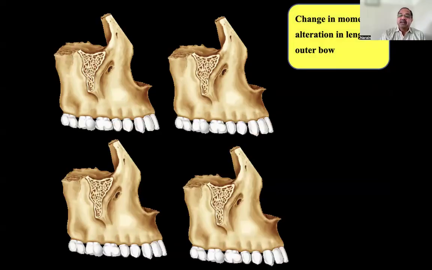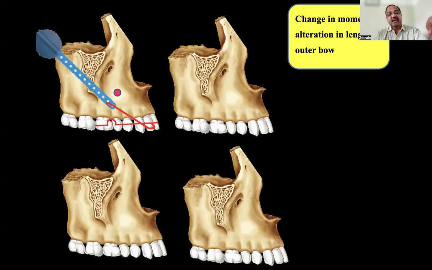Now, let us look at change in moment with alteration in the outer bow. So that's the center of resistance, and the outer bow now is almost in line with the center of resistance. So it is a short outer bow. And what happens here?